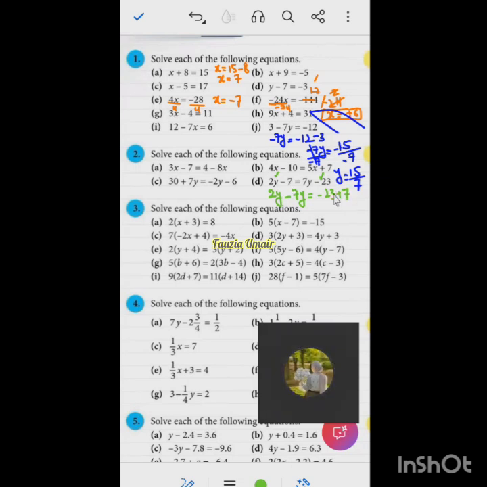Now 2y minus 7y, they are unlike terms, so we need to subtract them. Plus 2 minus 7 is minus 5y. And here, minus 23 plus 7, they are also not friends. So what will be the answer?